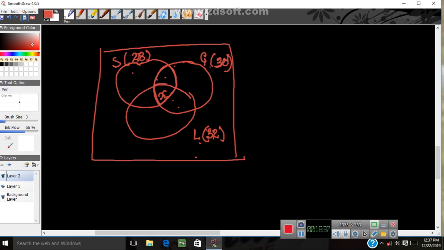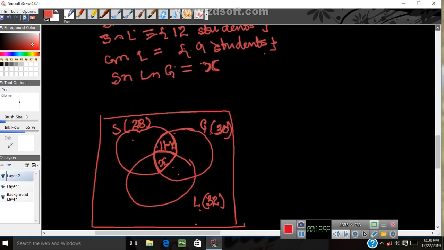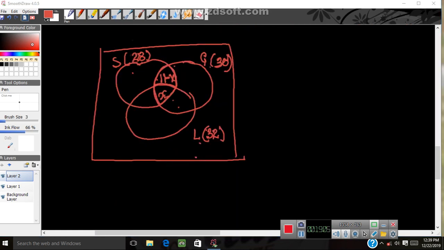So this place is occupying X. So what will be left here will be 11 minus X. So that is what it means. Good. When we come down again, for sculpture, we got the 11 from the question. We were told that sculpture and graphics is 11.